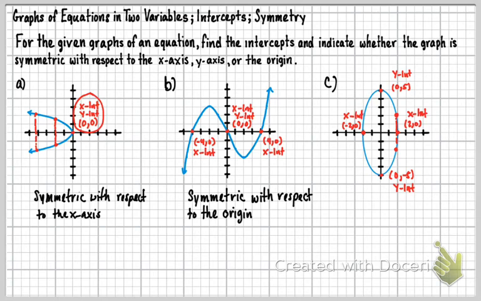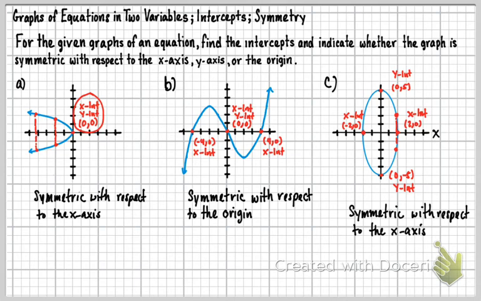So now let's finish our idea here. Okay, so for the first idea, we can reflect across the x-axis. Now remember, that point is the same distance from the x-axis as the other side, and I'm still on the graph. So that tells me it's symmetric with respect to the x-axis. Now hang on a minute, we're not quite done yet. Now let's check this across the y.